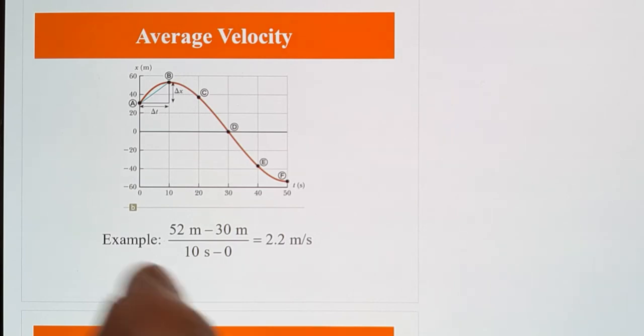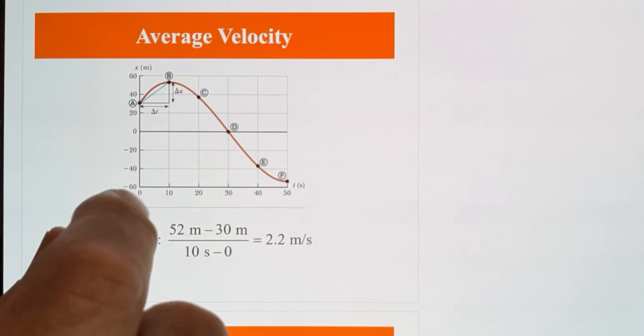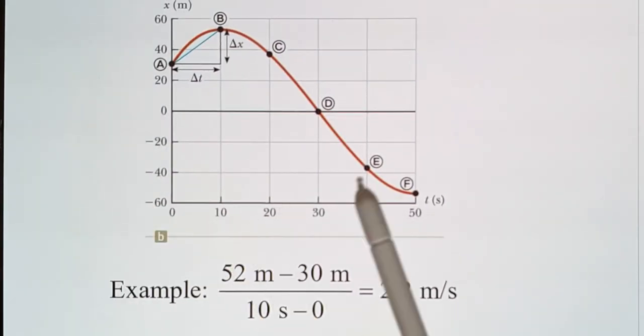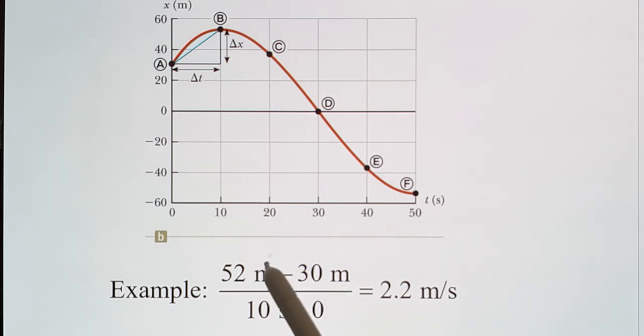Okay, let's take a numerical example. Here, delta x over delta t. Delta x, by definition, is x final minus x initial, and delta t is t final minus t initial. So x final is this point.